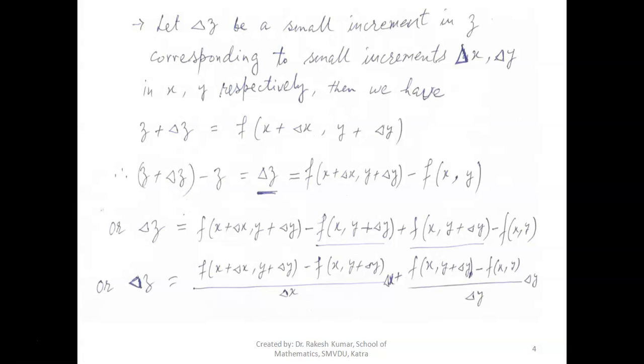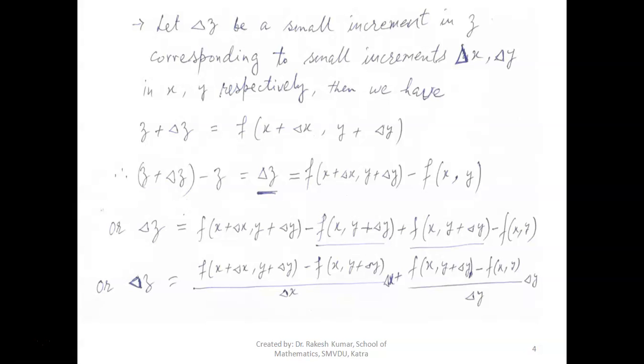So let delta z be a small increment in z corresponding to small increments delta x, delta y in x and y respectively. Then we have z plus delta z is equal to f of x plus delta x comma y plus delta y.